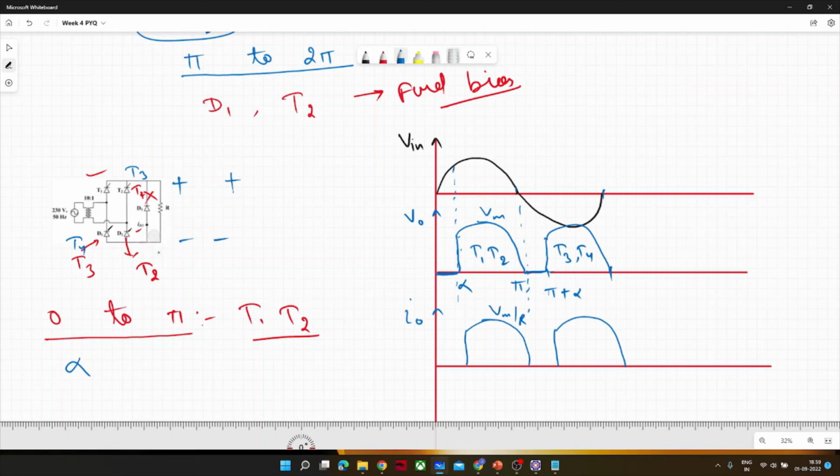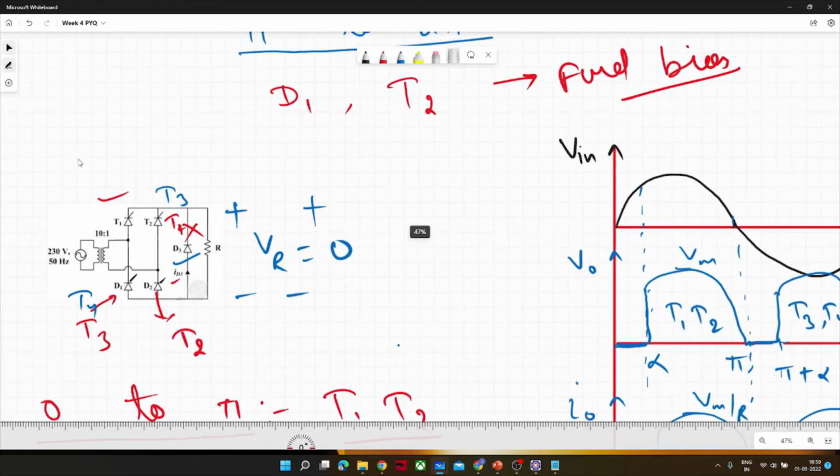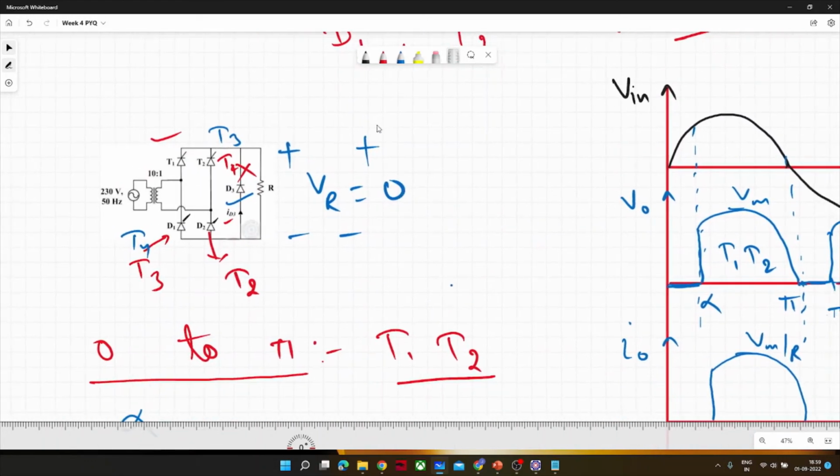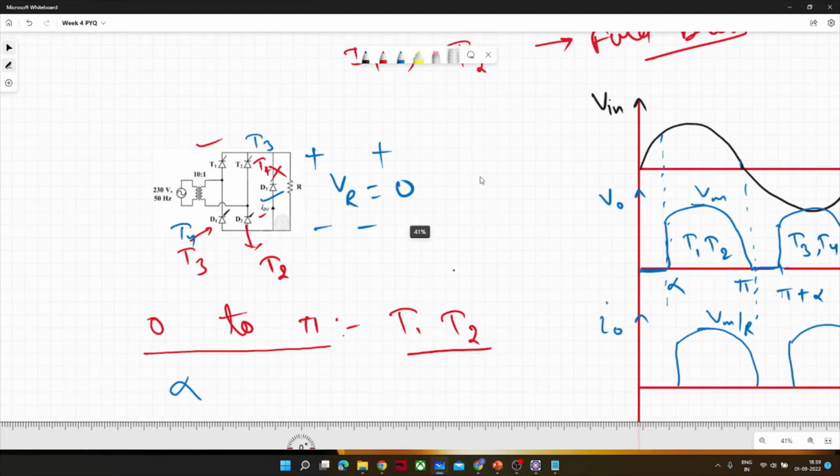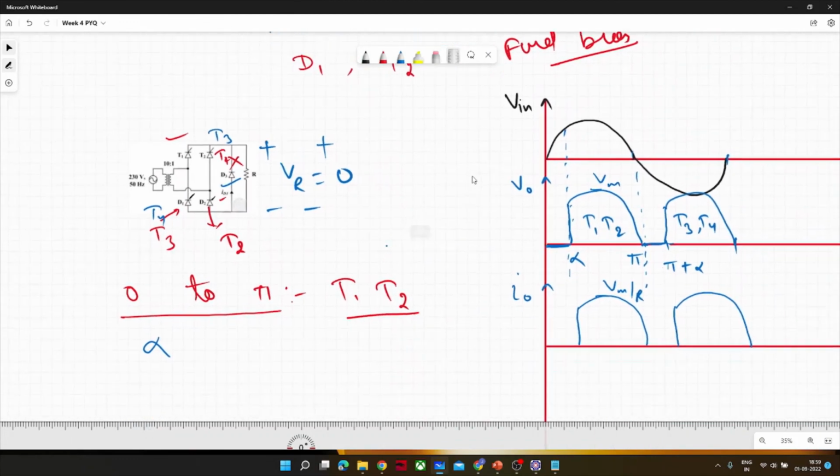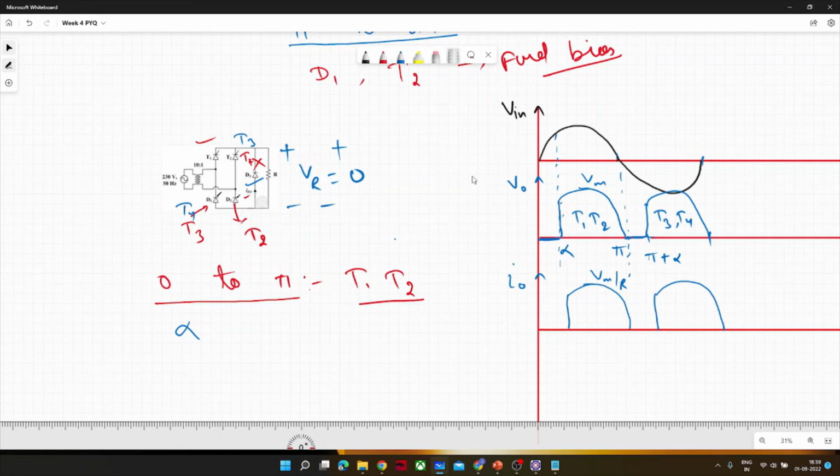If VR is zero, then IR is also zero, and if IR is zero, then no current would flow through D3. You got my point? I hope you got this point. So this was the basics behind this. If it is a resistive load, it will not conduct beyond pi.